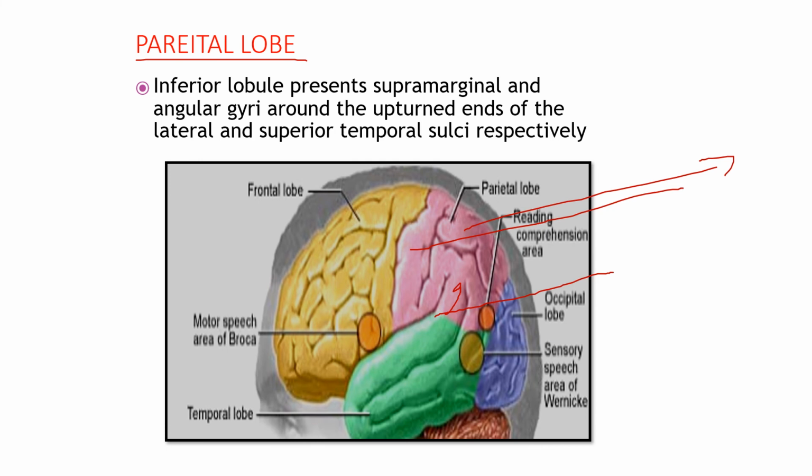Which rami do we have? The lateral ramus, and this is the posterior ramus, extending into the inferior parietal lobule. Also the superior temporal sulcus extends into the inferior parietal lobule. The surrounding parts are called the supramarginal and angular gyri.